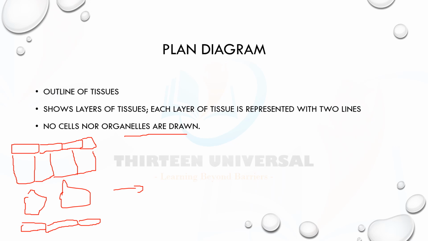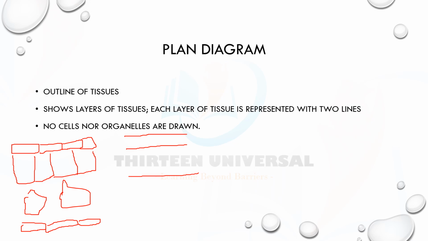Okay, and then these proportionally. Now these two lines represent this tissue. Remember, shows layers of tissue. Each layer of tissue is represented with two lines. Okay, so the next one I use two lines, so I just add another line to that. So layer 2 is going to be like this. Okay, remember this arrow.